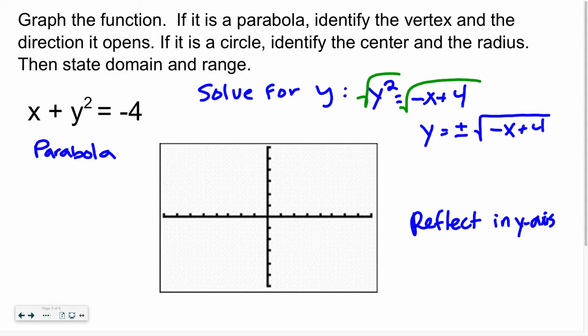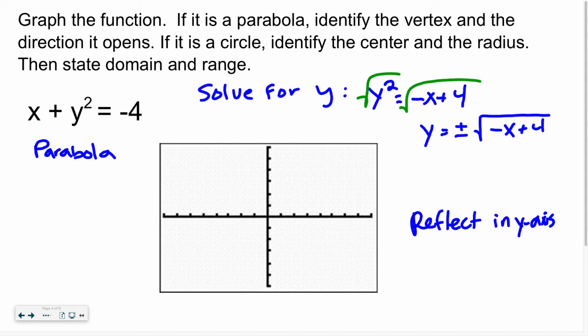But remember, Isabella just asked me about imaginary numbers, and I said, well, what if you can't put in 5? Certainly 5 doesn't work over here, but could I put in 4? Negative 4 plus 4 is 0. Square root of 0 is 0. So there is a point at 4, 0. So this is why I want to do this one.